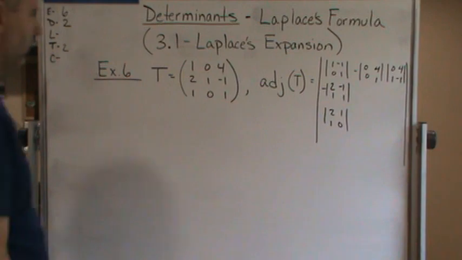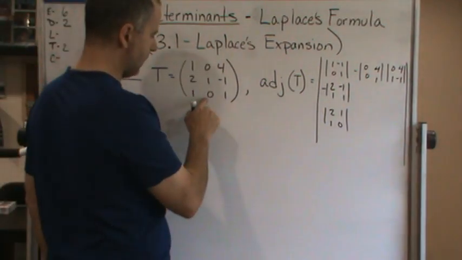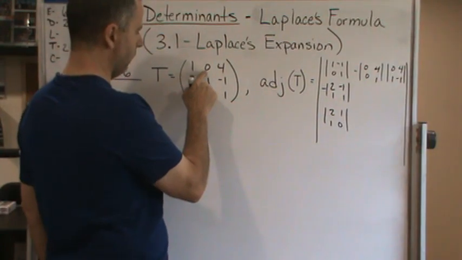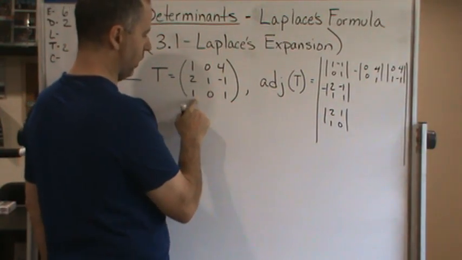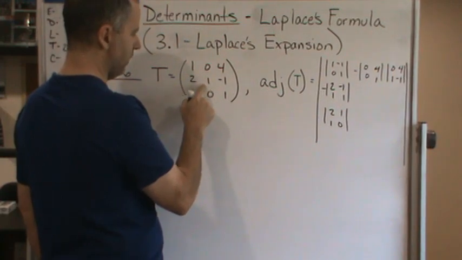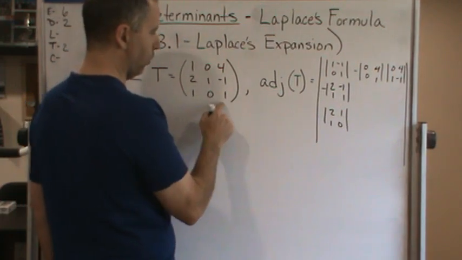Okay, so now we're going to go down this column here, which is going to give us this row. So if we go here, that's going to give us our 2, negative 1, 1, 1, which we already have. And then we're going to go down to this one. This one's going to give us 1, 4, 1, 1.